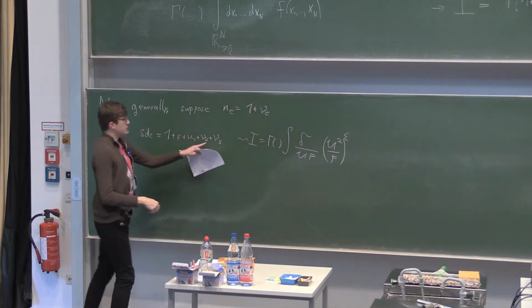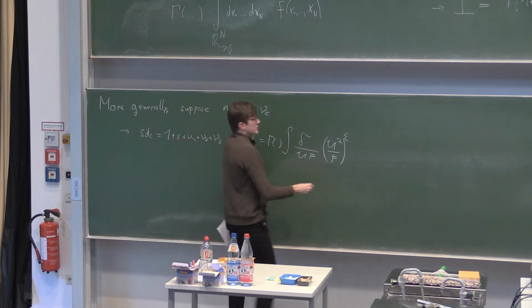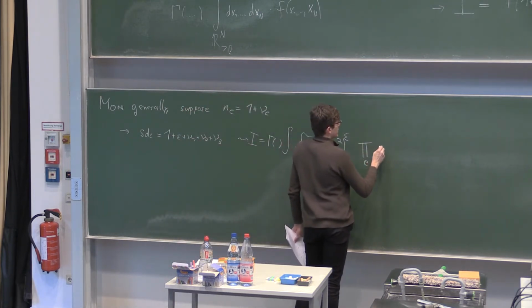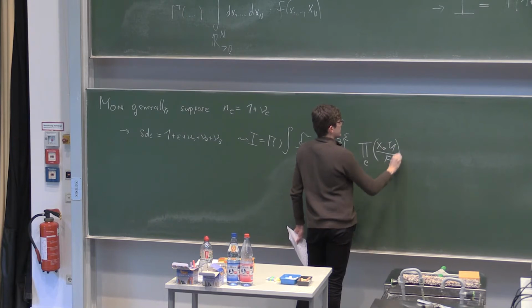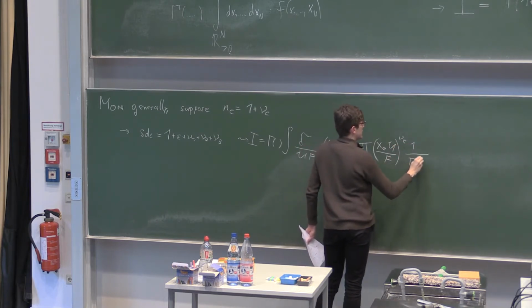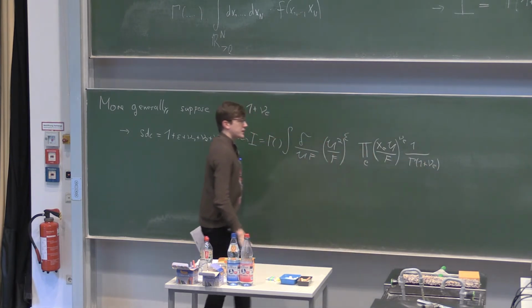And then the extra contributions from these nu's, remember they also sit in the integration measure. So we also have the product over all of the edges. And then we have, if you work out what it is, x_e times U over F to the nu. Yeah, so this is just what you get when you expand.